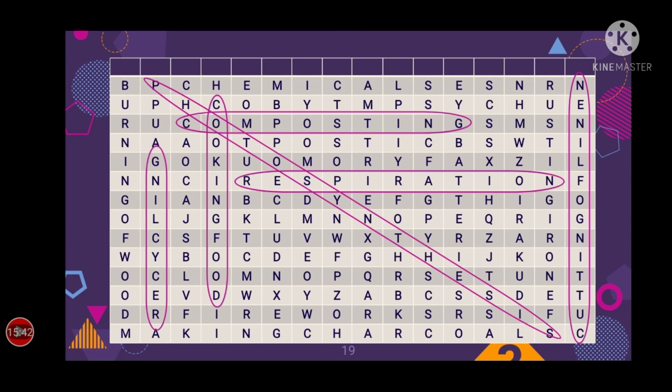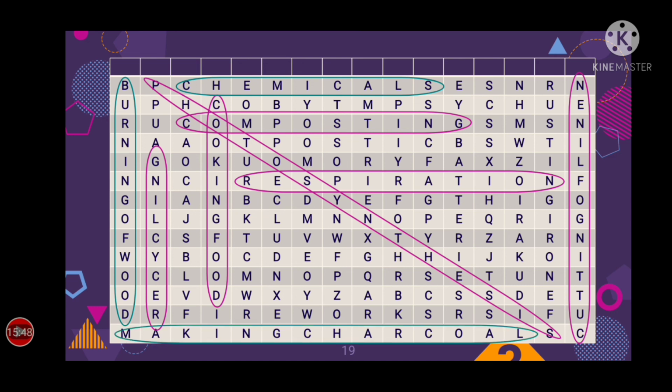Now for harmful, we have chemicals, burning of woods, making charcoal, fireworks, and rusting of iron, and batteries. So, I hope that you have gained a lot of knowledge in our lesson for today.